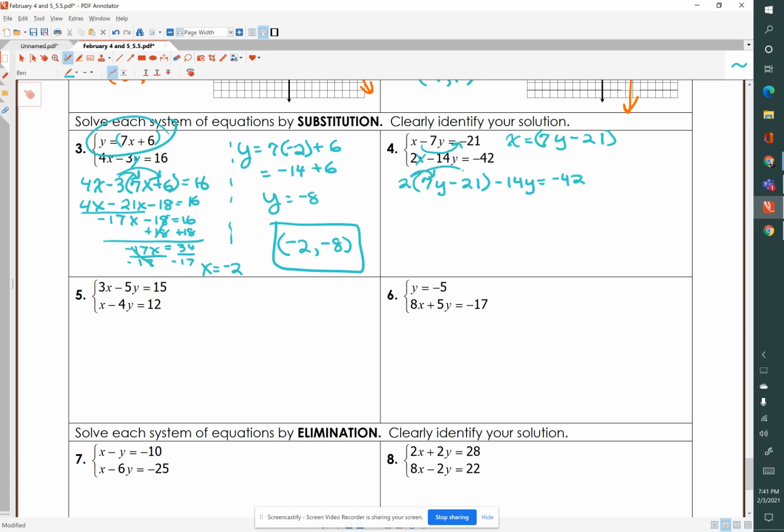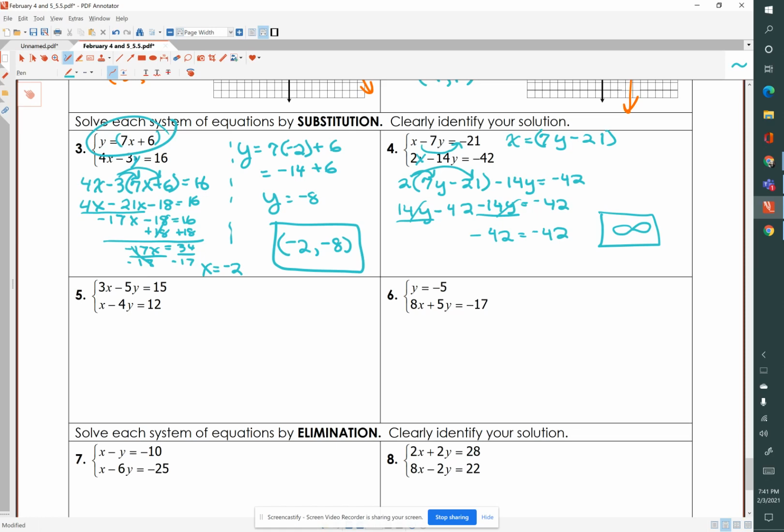And then I will distribute. That gives me 14y minus 42 minus 14y equals negative 42. I think you can see what's happening already. When I combine the y's, they are eliminated, and I end up with negative 42 equals negative 42. And this is one of those infinite solution equations. Both lines are indeed the same line.